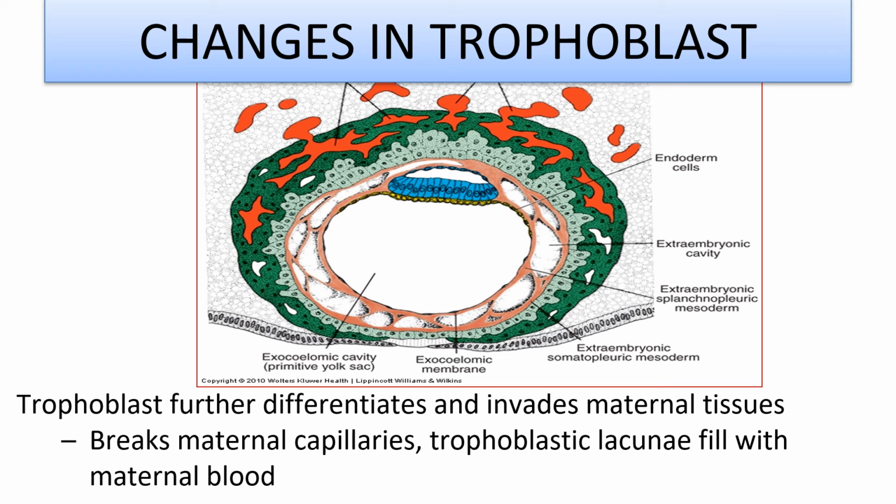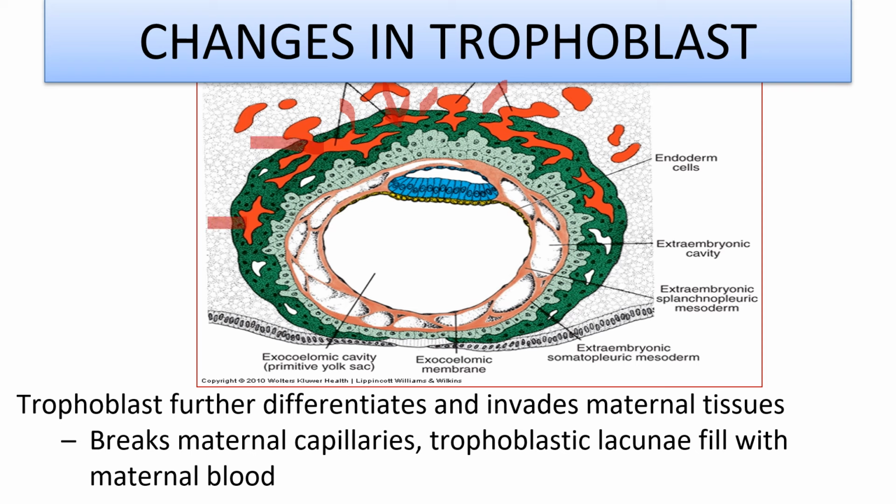The syncytiotrophoblast further penetrates the endometrium so that it breaks the maternal capillaries, and the maternal blood reaches the trophoblastic lacunae. You can now appreciate that all these lacunae are filled with blood.